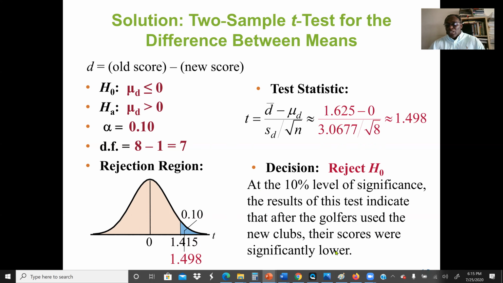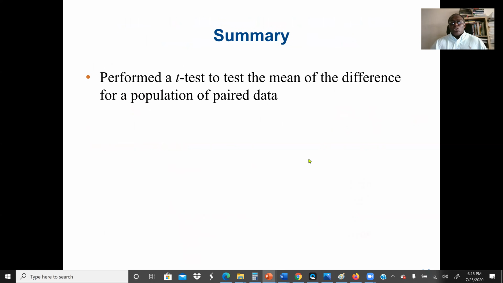So we reject the H0. That would be the conclusion on this topic.